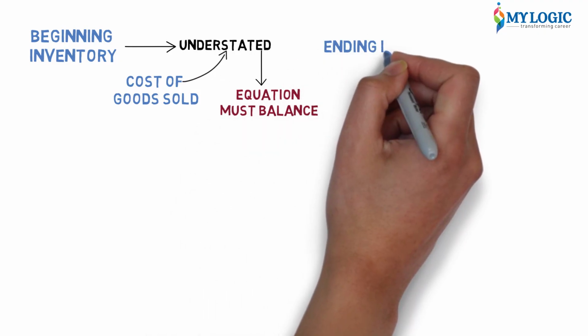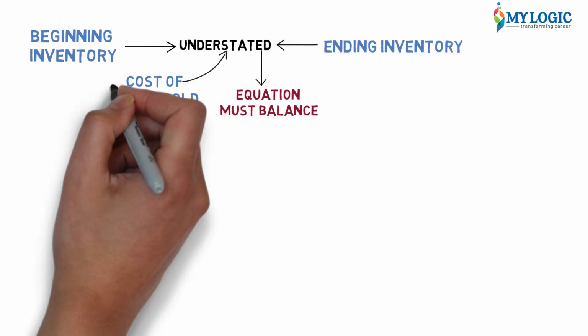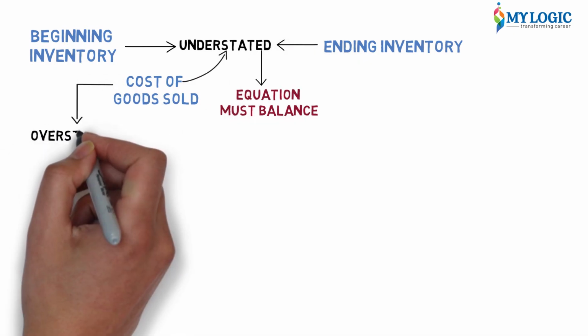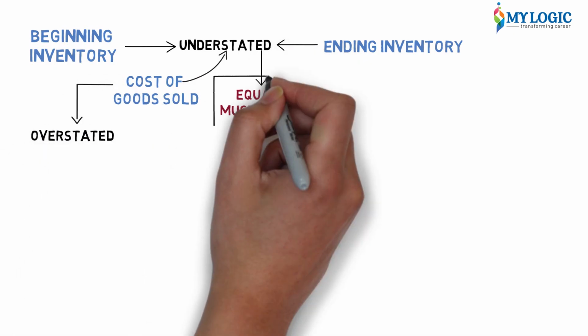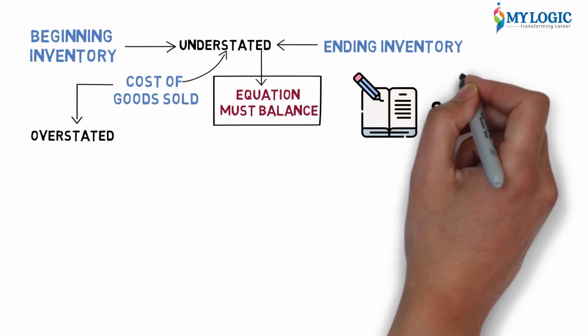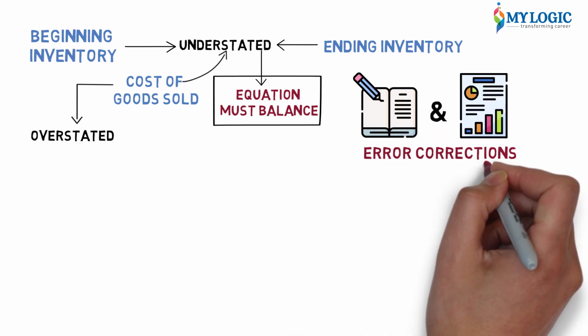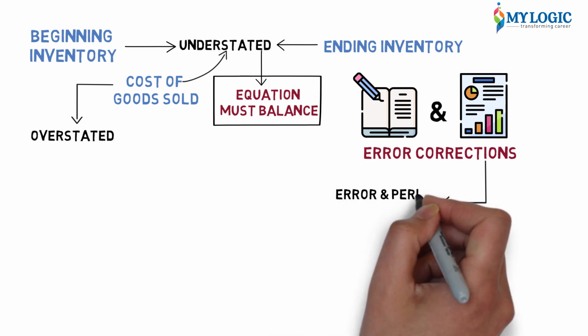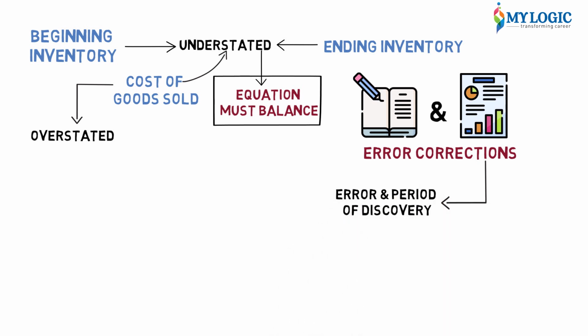If ending inventory is understated, cost of goods sold must be overstated, again because the equation must balance. The journal entry and reporting for error corrections depend on both the error and the period of discovery.